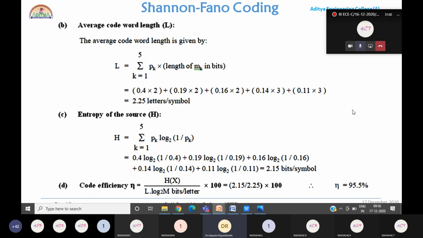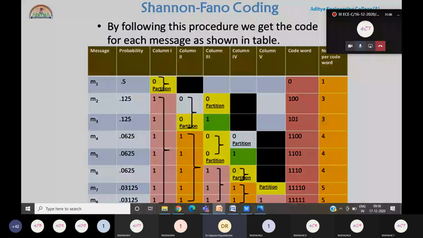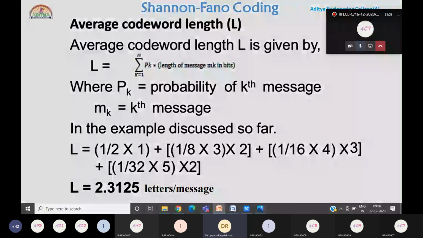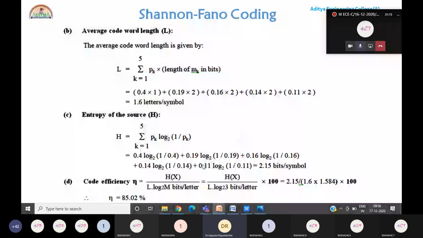But if the partition value is increased to 3, then what happens to the efficiency? It is 85.5%. There is a reduction of almost 10% efficiency for a single-value increase in partitioning. So as the partition value increases from 2 to 3, the efficiency decreases by 10%.